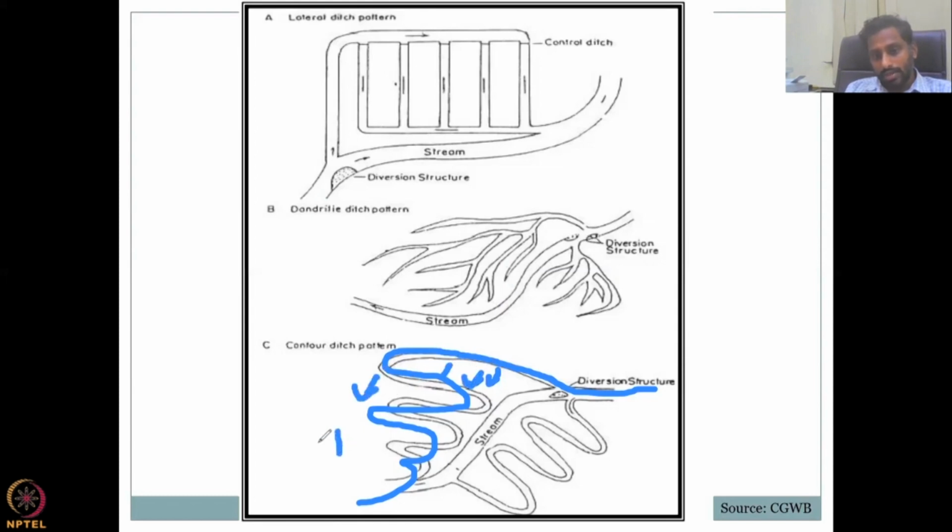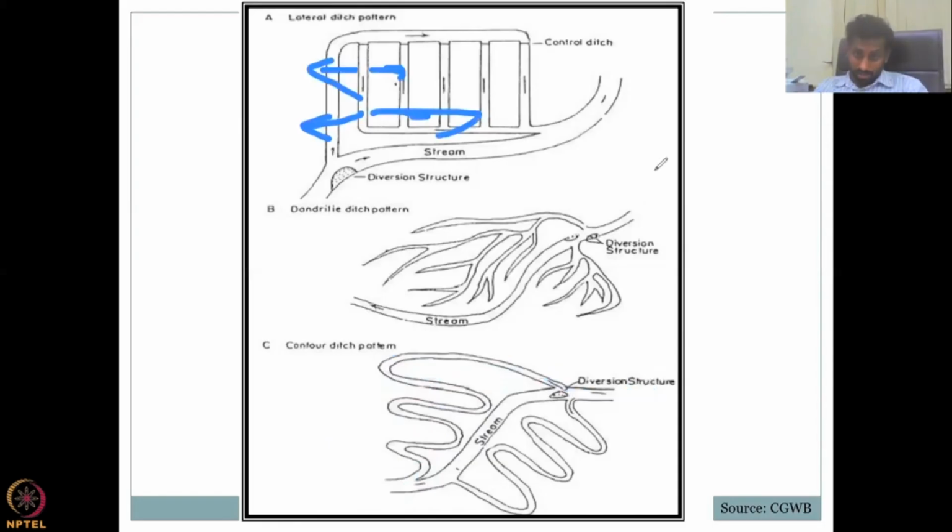So groundwater can be recharged just because of the fact that it is moving along these lines where the contours or the major elevations are changing. So the contours are where the elevations are different. Okay, so the elevation is different from this, and if you do a ditch on that line, there is a contour ditch.